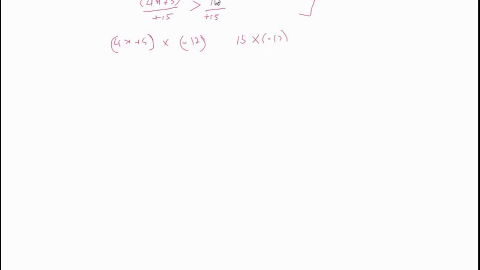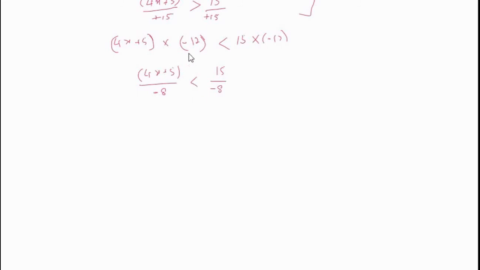Here it is greater than, now it becomes less than. The same thing holds good even when I divide both sides by a negative quantity. 15 divided by minus 8. So here it was greater than, now it becomes less than.